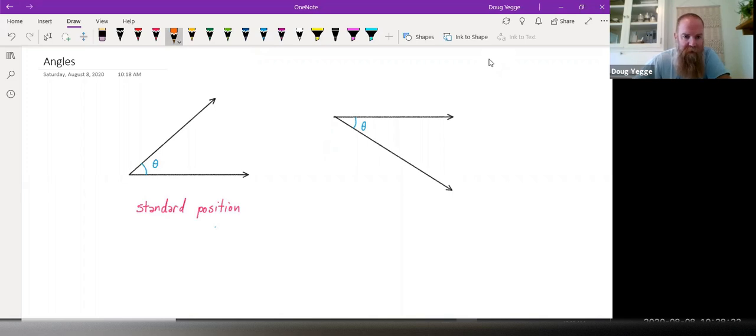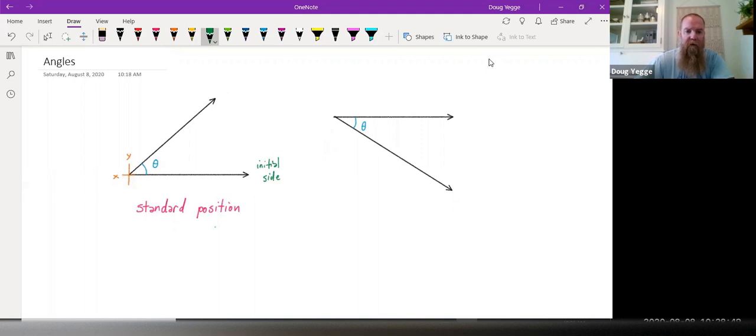So if we were to think about this on a coordinate plane here on the x and y axis, then this angle over here is starting along the positive x-axis right here. And that's what we consider standard position. Now this initial side is where we begin the rotation of the angle.